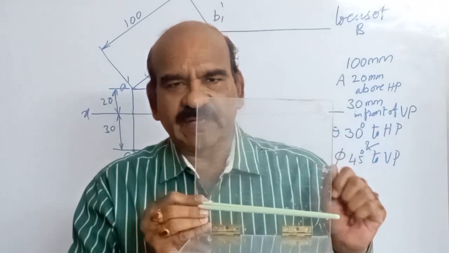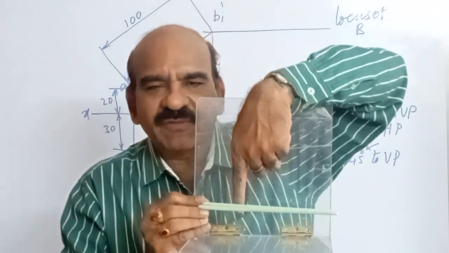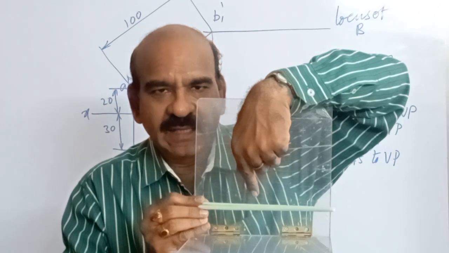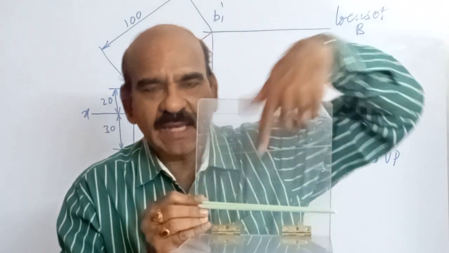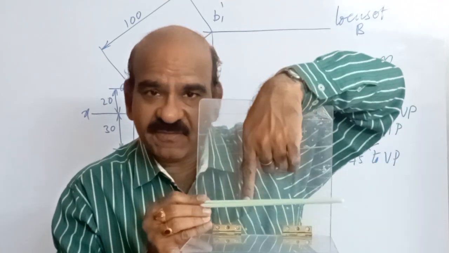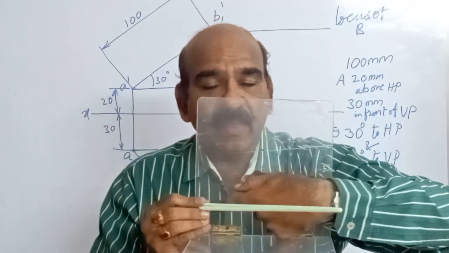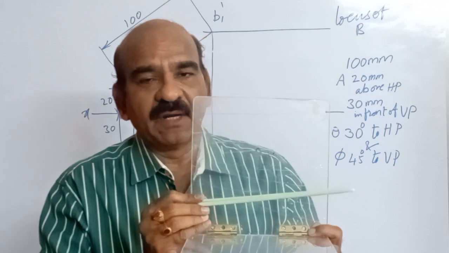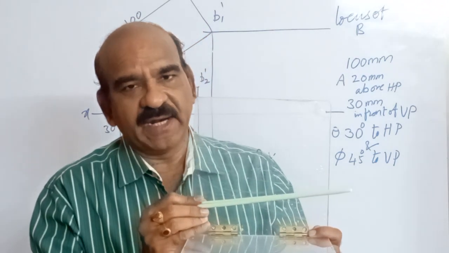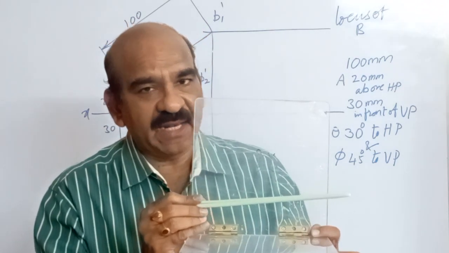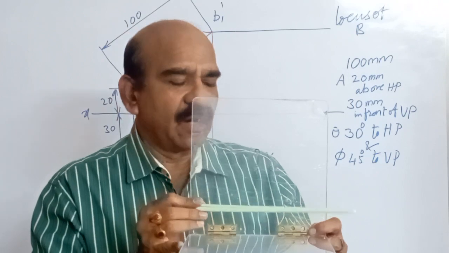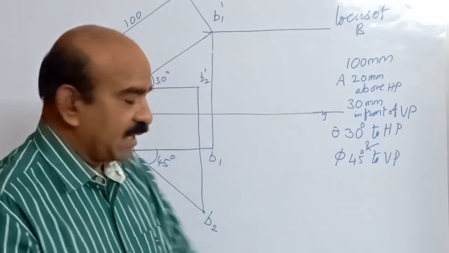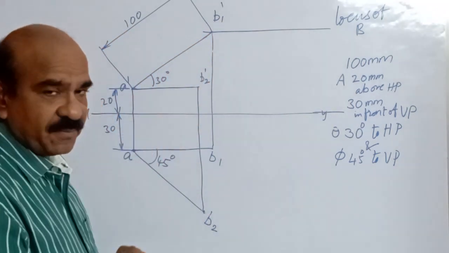Coming to the observations, when this angle with VP is constant, the point A is fixed, angle is fixed. So the length of the line in the front view is A dash B2 dash. A dash B2 dash is the length of the line in the front view. Now that is visible here, A dash B2 dash.